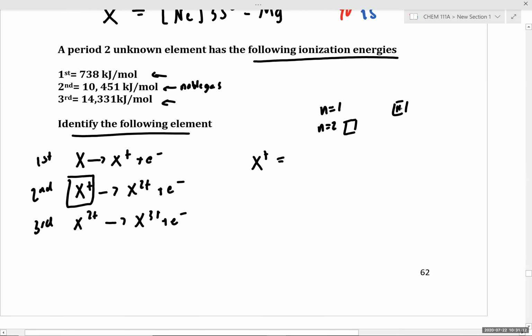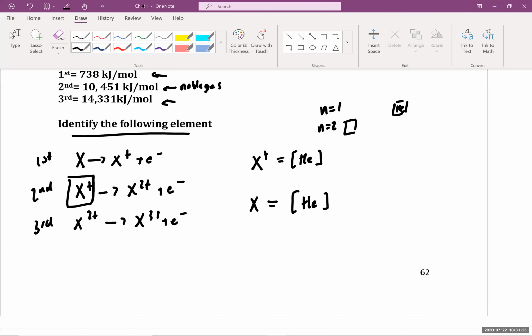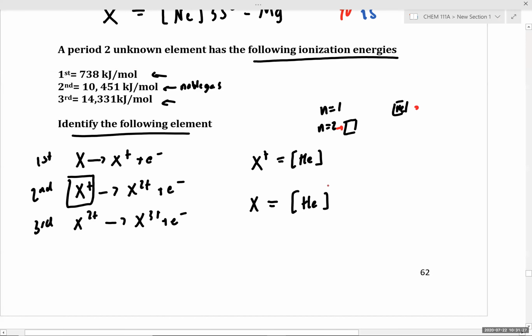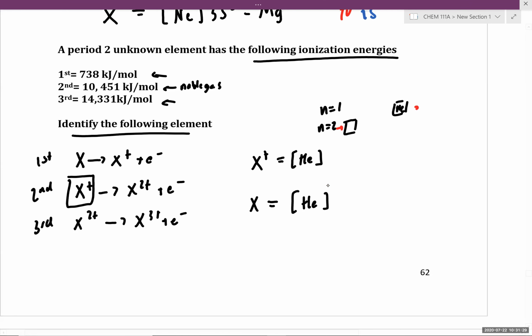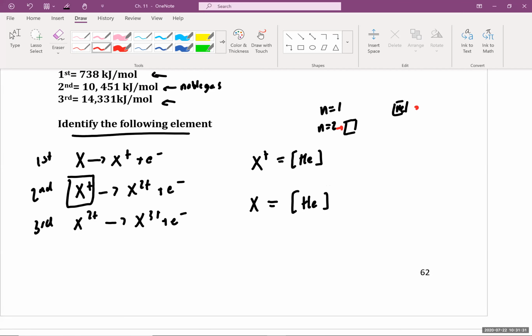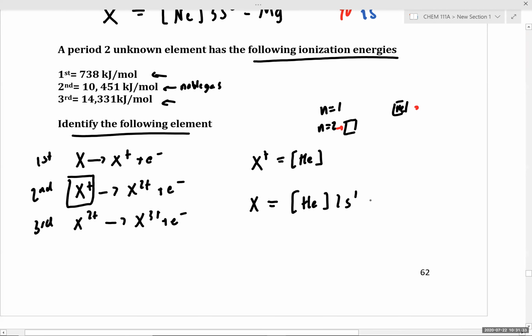So X+ has the configuration of helium, and as a result, X, if we add an electron, would have a configuration of helium 2s1. And that in turn provides a perfect match to lithium.